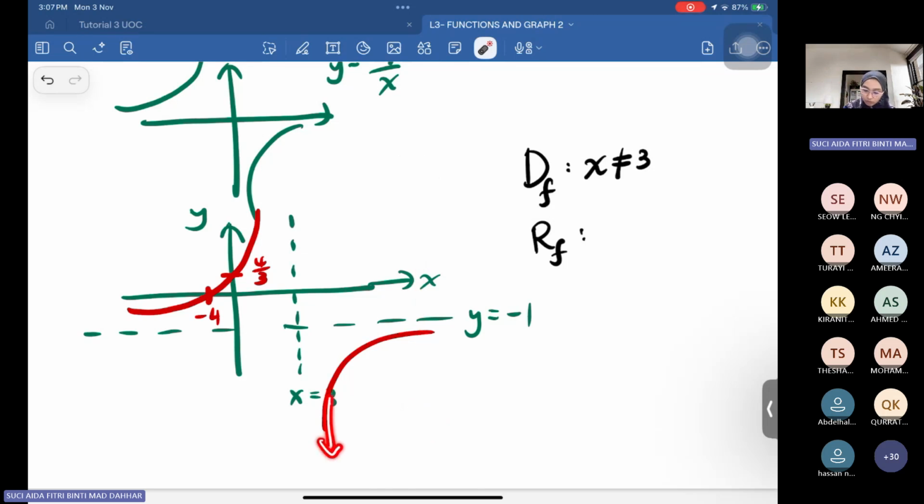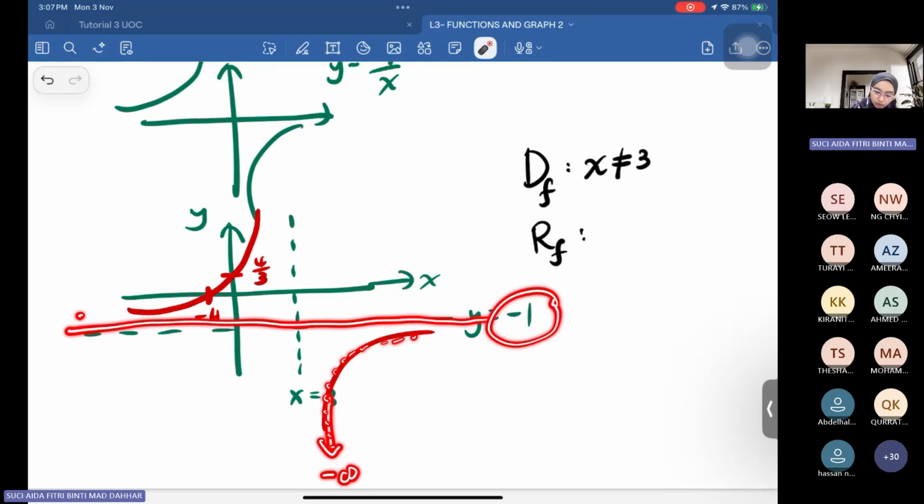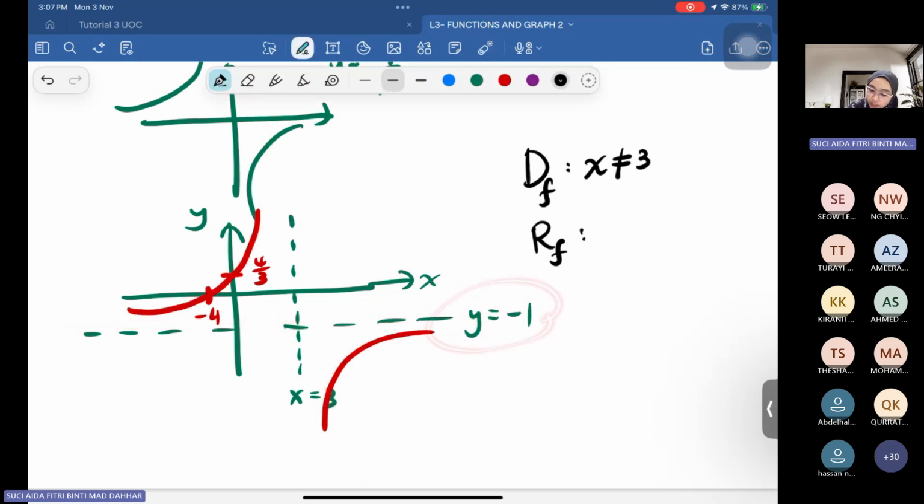So you have anything from -infinity, it gets higher and higher, but you cannot reach -1. But then you start over after -1 onwards above. So in this case, your y is all real numbers except y cannot equal -1. Okay, got it? That's the last example.